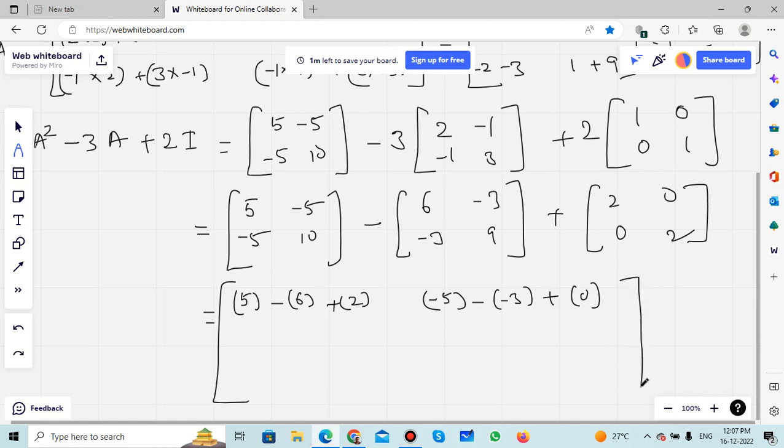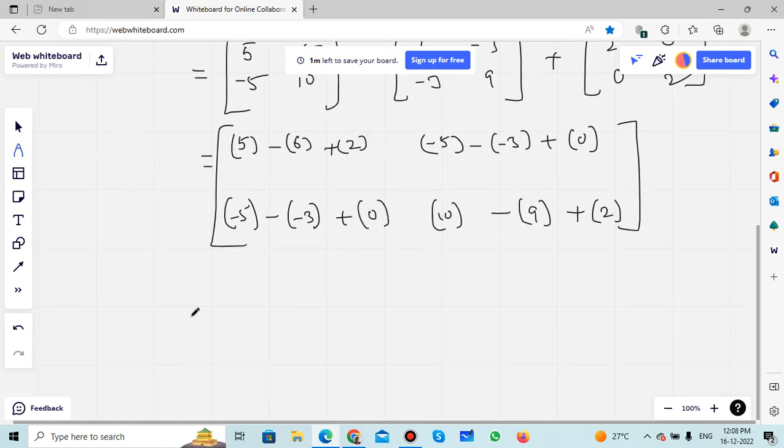See here we have to put the bracket, minus, let me put a bigger bracket, minus bracket and plus bracket. Remember the bracket part. Fill it up: minus 5, minus 3 and 0, here 10, 9 and 2.